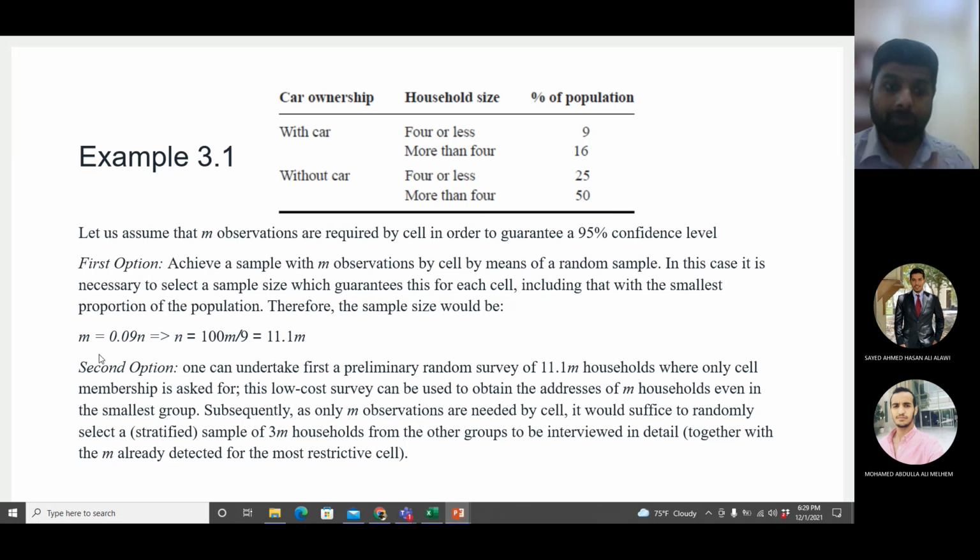So m equals 0.09 n, and if you put n on one side and everything else on the other, the number of samples you should collect is 11.1 m. So if you want at least 10 values in each category, you should collect 10 times 11.1, which is 111 samples. That would make sure that you have at least 10 in each category.